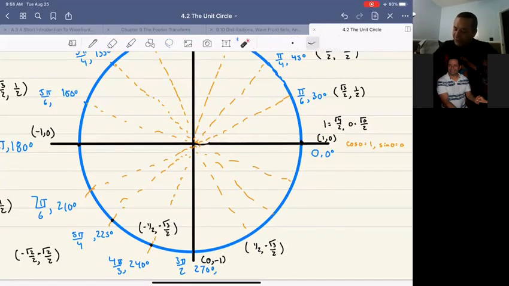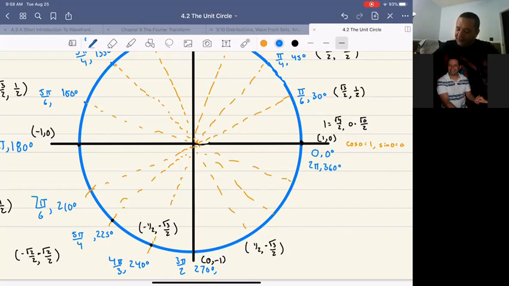Now what's this angle? I'm going to say this angle is 0 or 0 degrees, but it's also 360 or 2 pi. So this one goes to 2 pi, 360 degrees. That's one full way around.